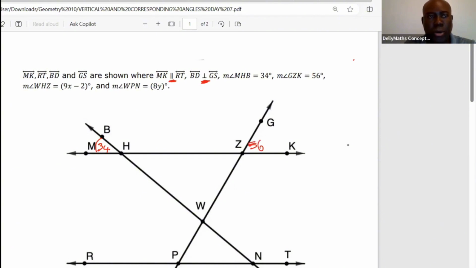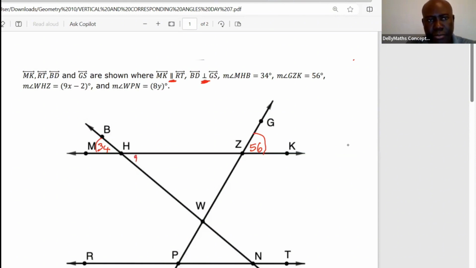Put that on. It's good to label the diagram as soon as possible. It does give insights into where you want to go. Also, the measure of angle WHZ is 9x minus 2. So here we have an expression for WHZ, which is right here.